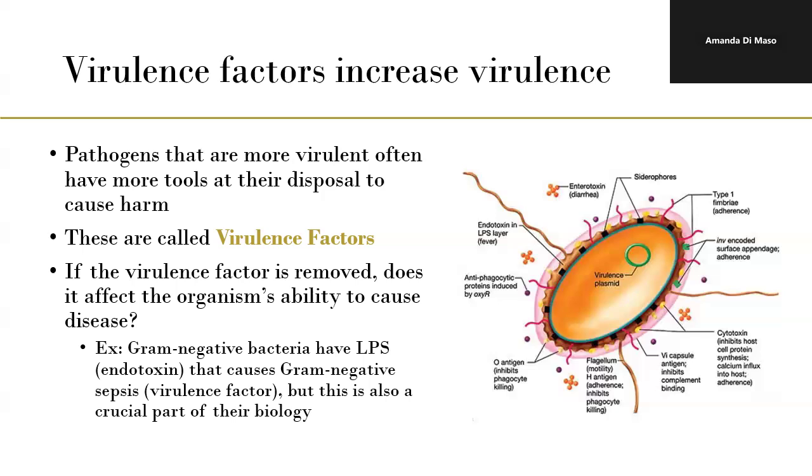So if you remove that virulence factor, the cell might also just die because it can't handle life in its normal environment, not just that it can no longer escape the phagolysosome, things like that. So there's so many virulence factors. We're not going to be able to talk about all of them, and that makes me sad because they're fun. We mainly talked a lot about them in lab. So things like DNase, when we put the bacteria on the DNase plate, that's a virulence factor.